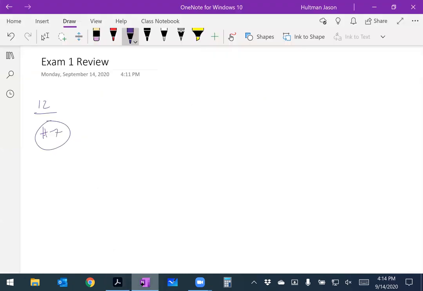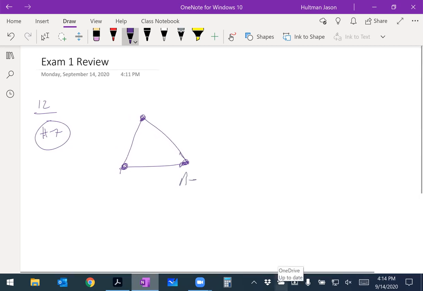Okay, so we have 3 points in space that are going to create this triangle, which is going to create a plane. We'll call these A, B, and C. And we want to find the median of AB.